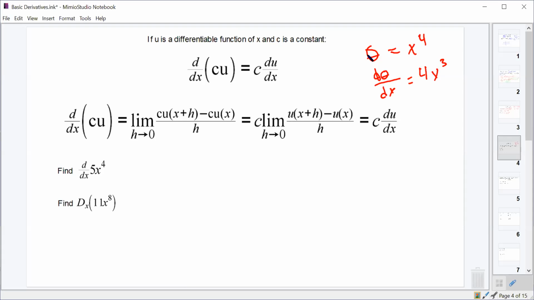Okay, cool. So if I want to find the derivative with respect to x of 5x to the 4th, this should be the same as 5 times the derivative with respect to x of x to the 4th, based on this rule with the constant. Would you guys agree with that?